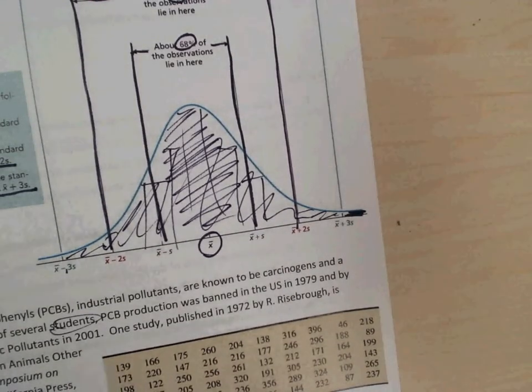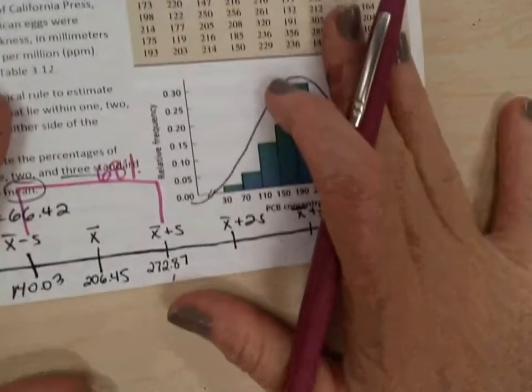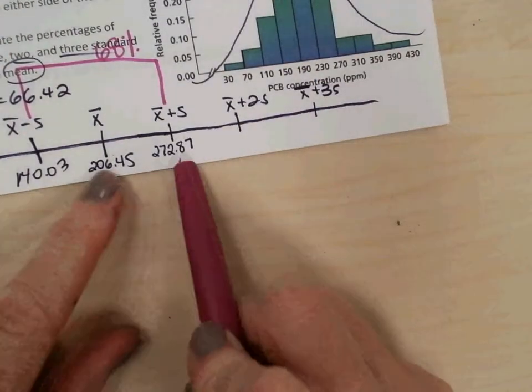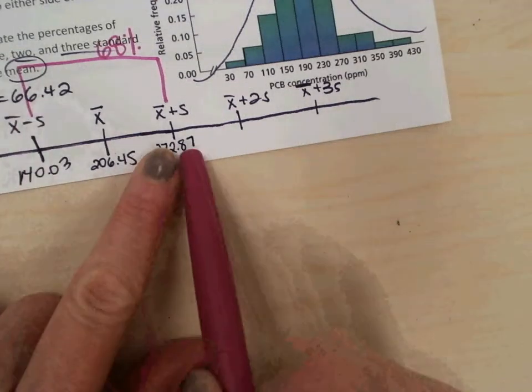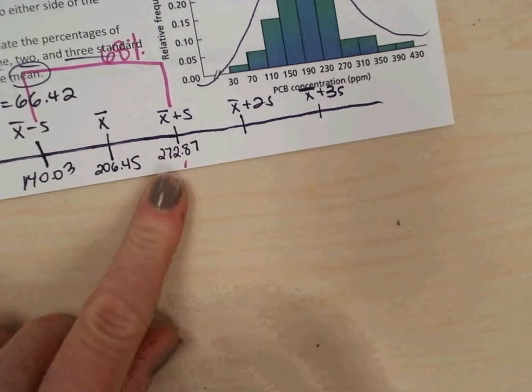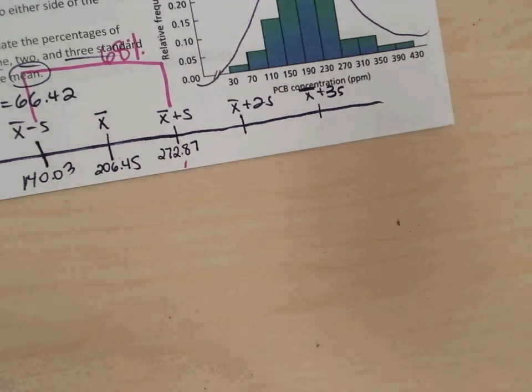Now we're going to add another standard deviation and subtract another standard deviation, which you can do by just adding another 66.42 to 272.87. Go ahead, calculate that.